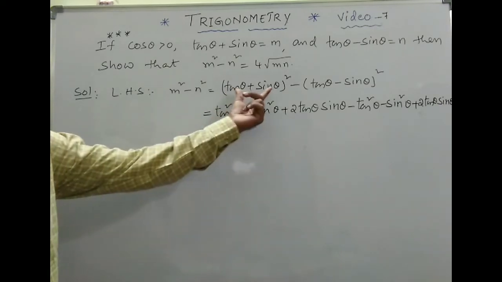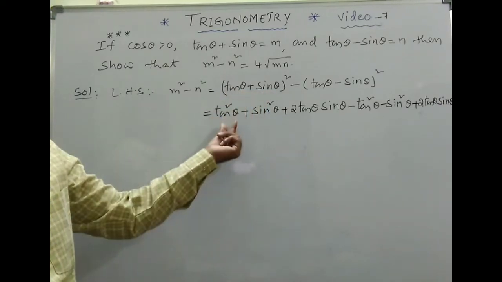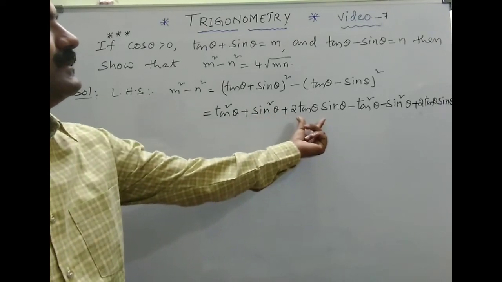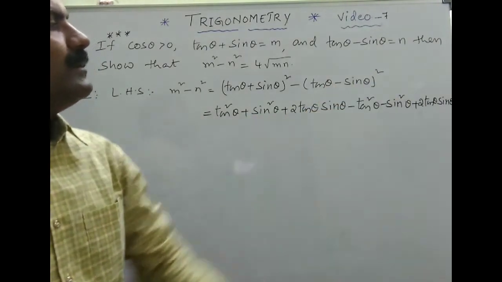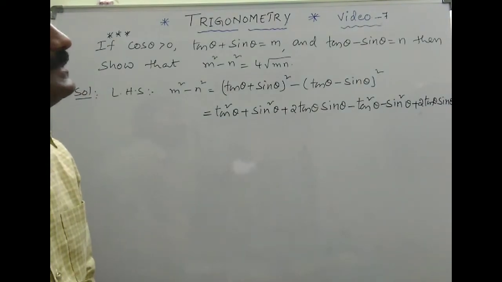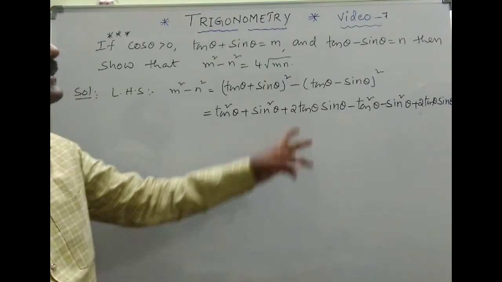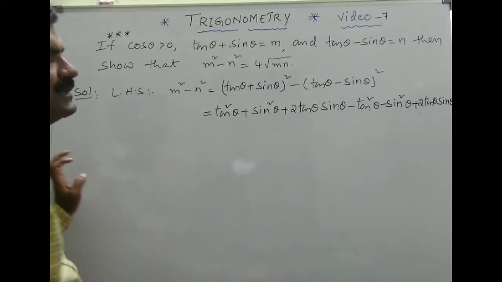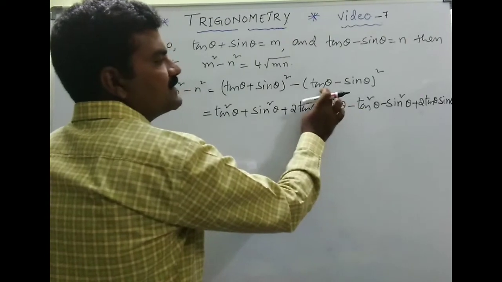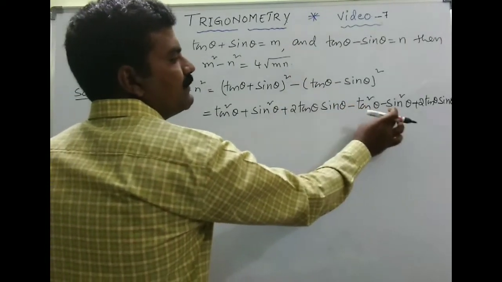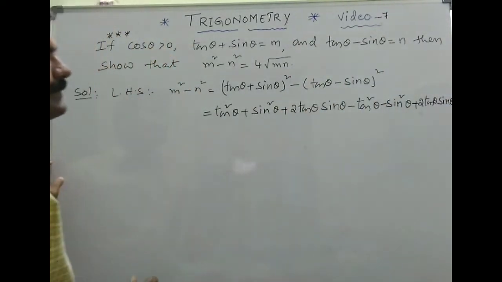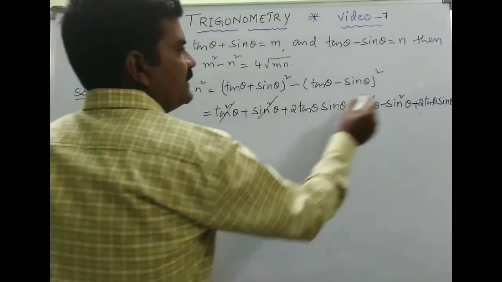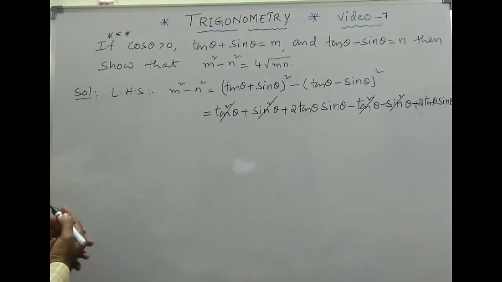So just expand the formula: (a plus b) whole square is a square plus b square plus 2ab, and (a minus b) whole square is a square plus b square minus 2ab, but since there is a minus before the bracket, the signs are going to be changed. So plus a square becomes minus a square, minus b square and plus 2ab. Now plus tan square theta minus tan square theta, and sin square theta minus sin square theta cancel.